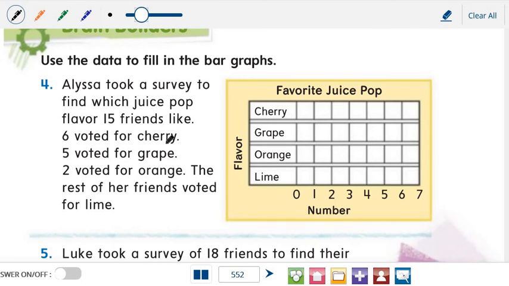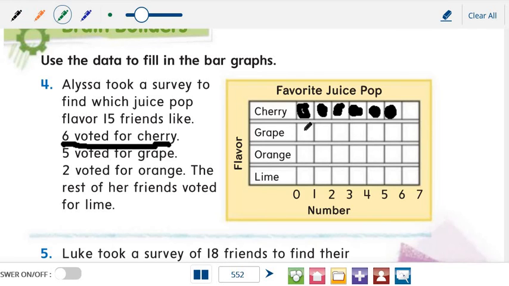The first one is cherry. 6 friends voted for cherry. So we will color 6 squares for cherry. 1, 2, 3, 4, 5, and 6. These voted for cherry. Now what about grape? 5 people voted for grape.